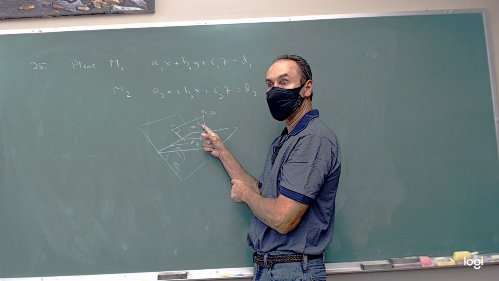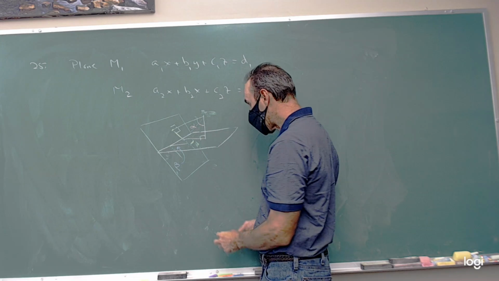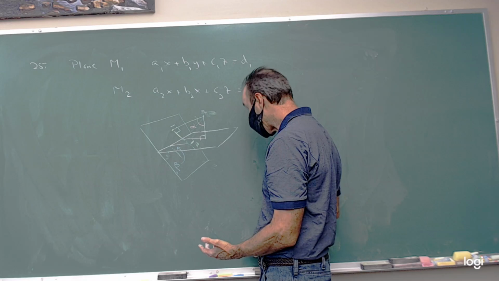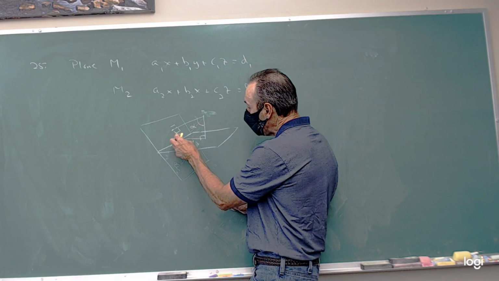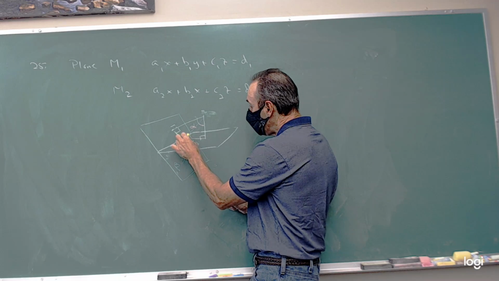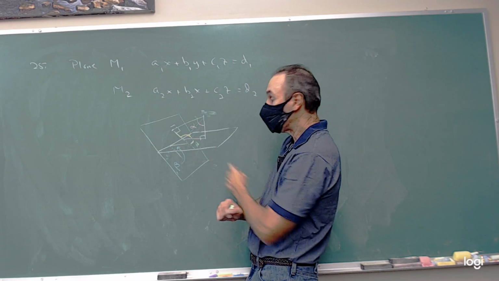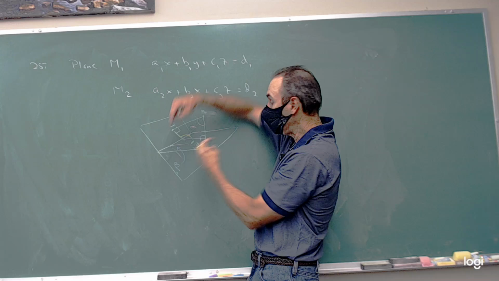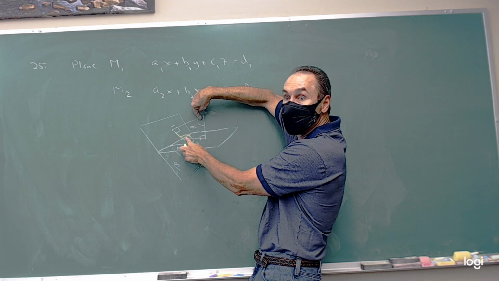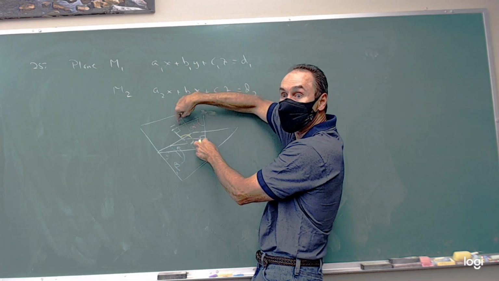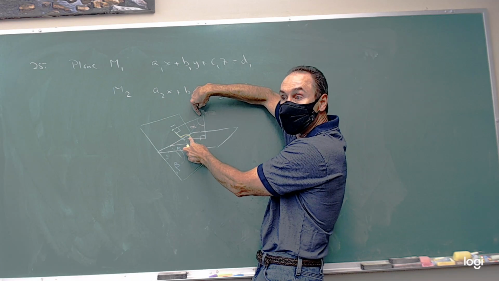Alpha is one of those angles. So this angle right there in that quadrilateral and alpha have to add up to 180. That's what's left of the 360 after we get rid of the two 90s.